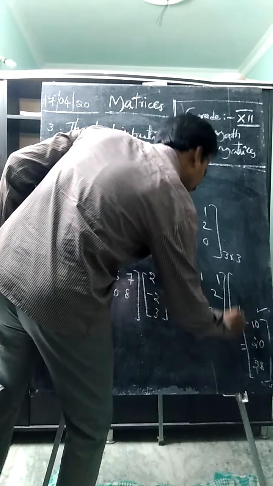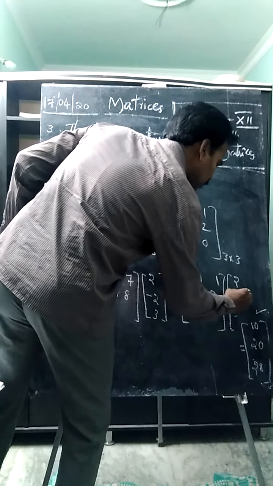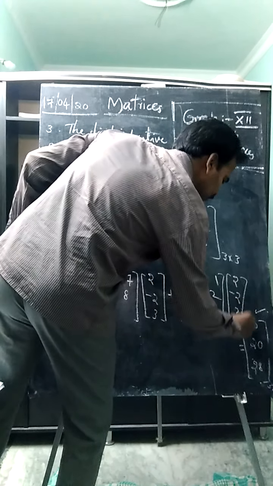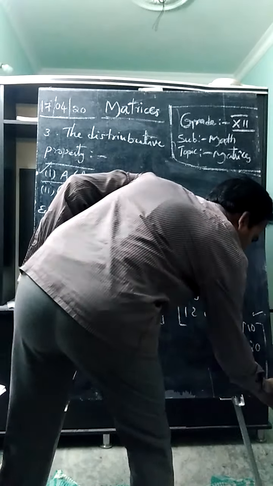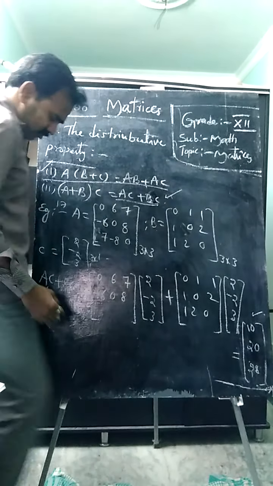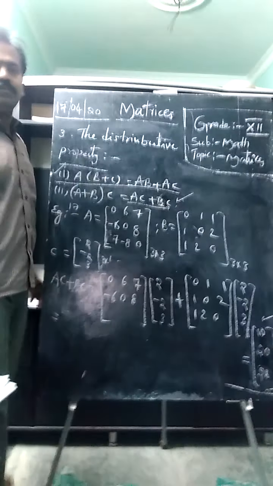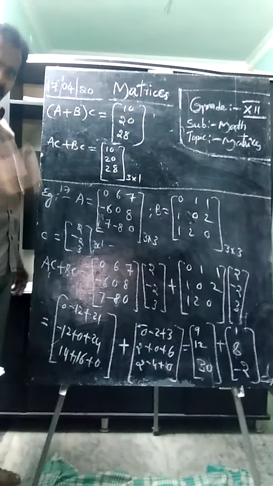And C matrix is defined again the same, 2, minus 2, 3. So we have the result, this one, and this should be equal to this one. So now let us check.